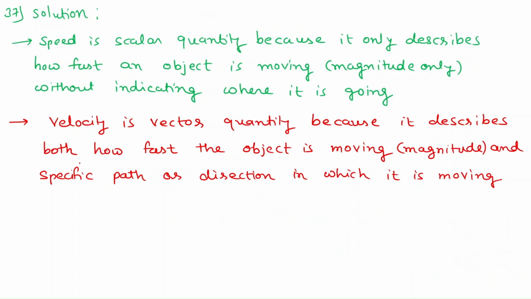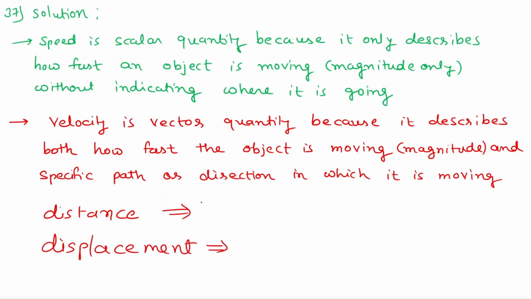Here, distance and displacement. Some people treat these two quantities as the same, but they are not. Sometimes they will be the same, but not every time. So distance is a scalar quantity, and displacement is a vector quantity.